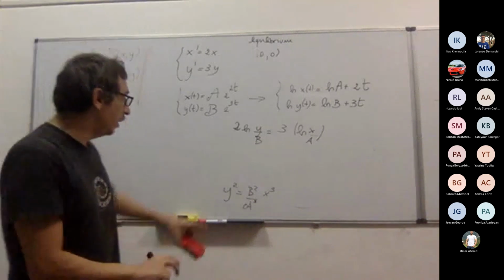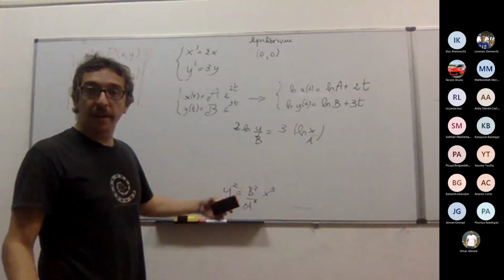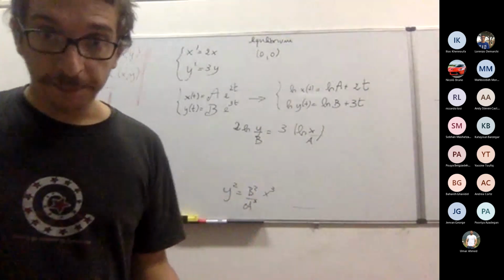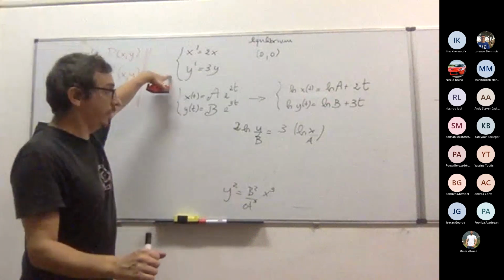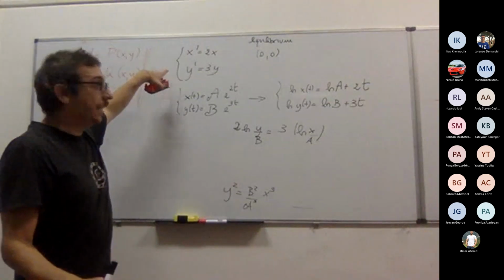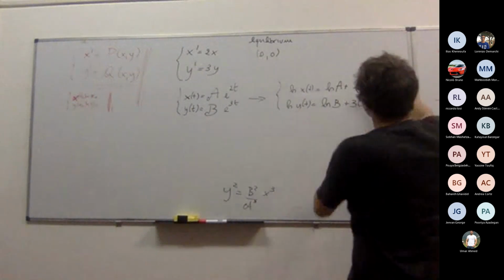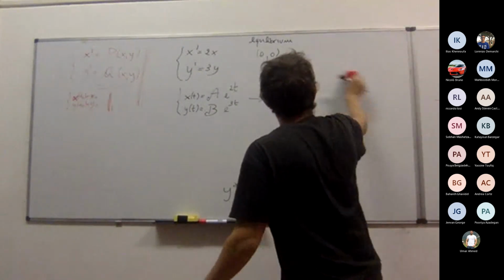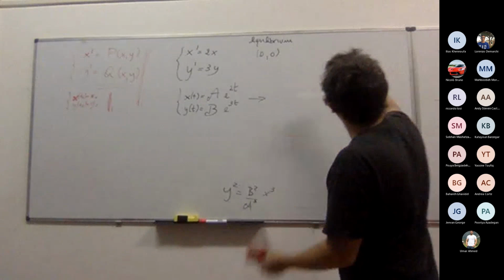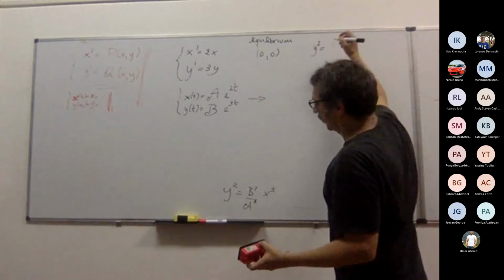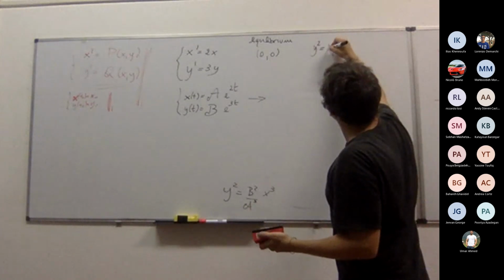Okay? These curves here are giving you the orbits for this system here. Now, let's try to draw the orbits. Constant.